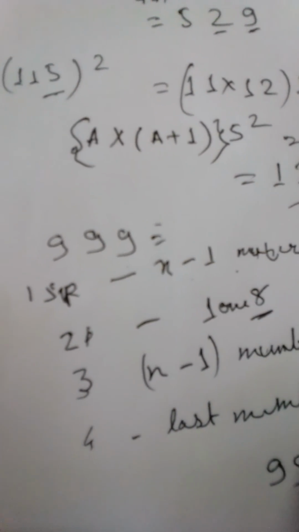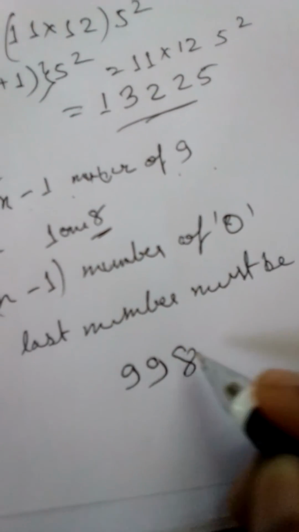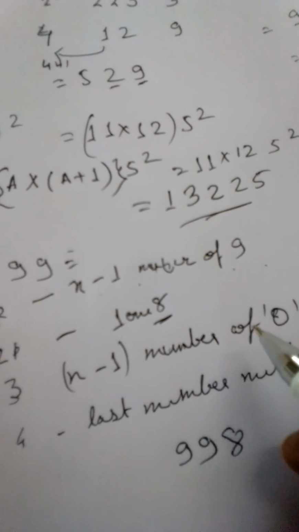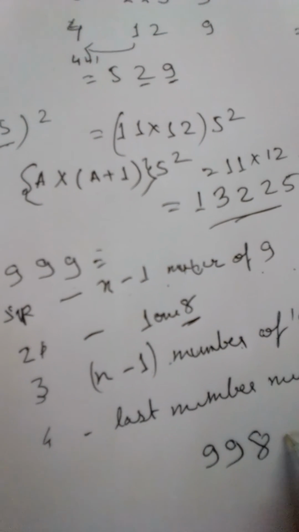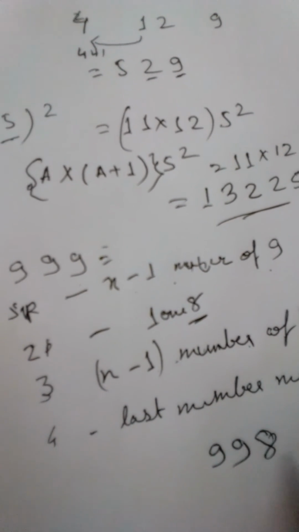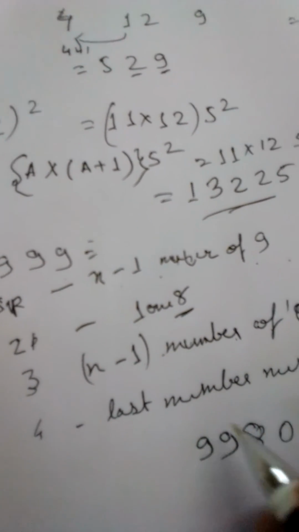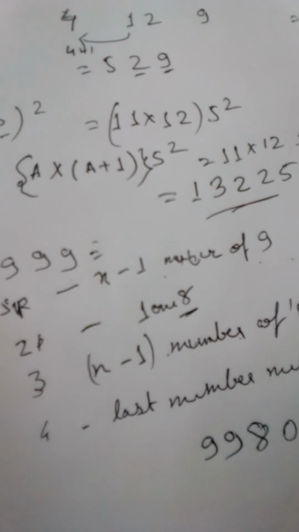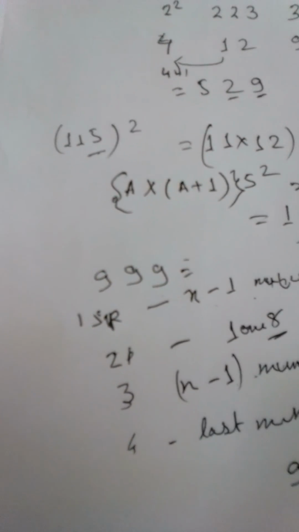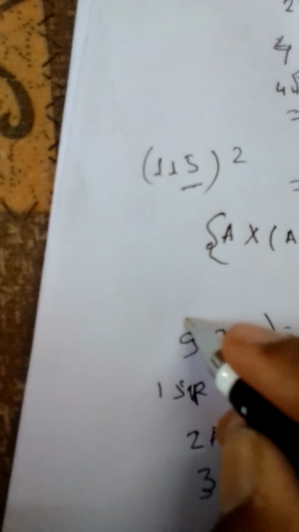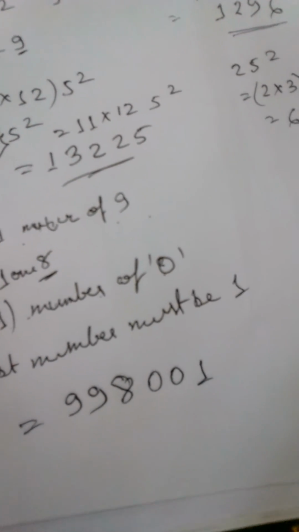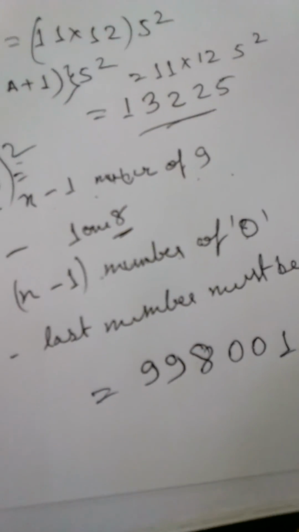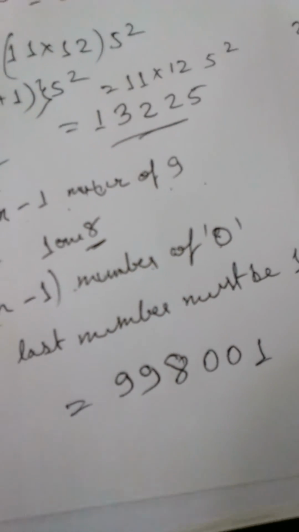Then there will be 8, and then n minus 1 number of 0s. So n minus 1, that is 3 minus 1, that is 2 zeros, and the last digit must be 1. So the square of 999 is 998,001.